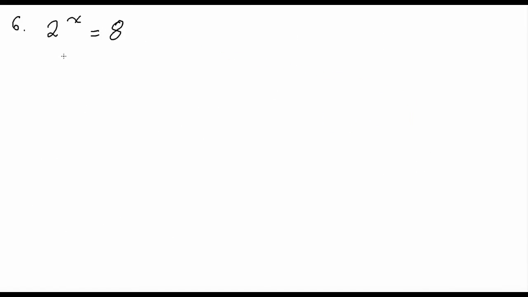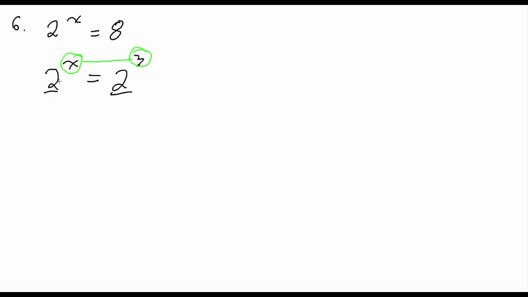So let me show you the complete drawn-out mathematical way of doing this. 2 to the x equals 2 to the third power, right? Well, once you get it so that there are like bases, 2 raised to some power, then you can set the powers equal to each other.